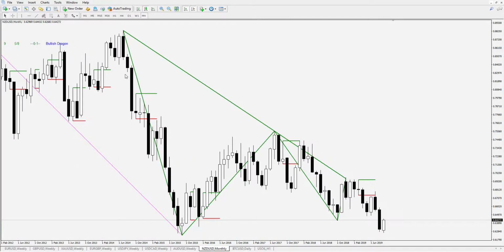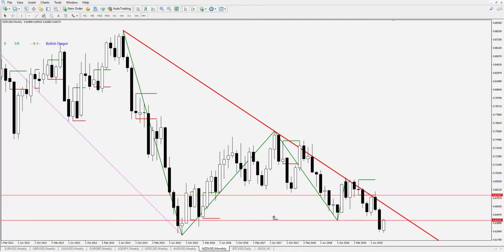Kiwi, it's a bullish dragon. Bullish dragon is essentially a diagonal break. Let's get rid of that one. See how it conforms to that line. So it's like X, A, B, C, D, and buy. So you've got your resistance here at 67.43, and we've got some support.